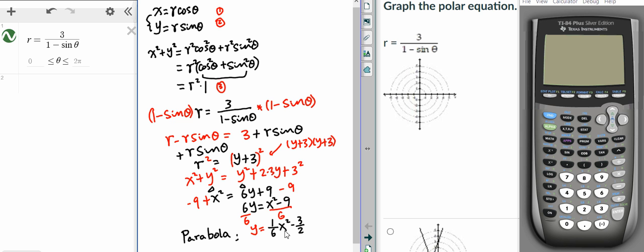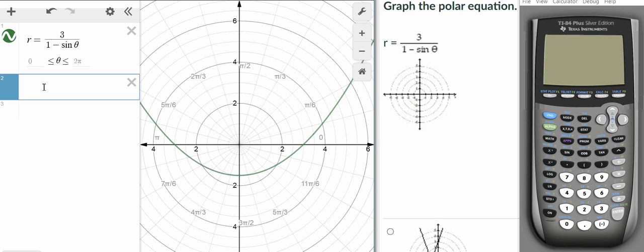You can see the vertex is where? It is (0, negative 1.5), or (0, negative 3 halves). Again, by decimal, you can put in (0, negative 3 halves). That's the vertex.